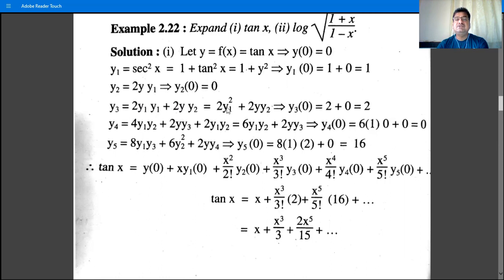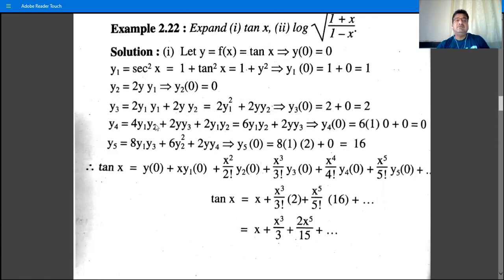So y1 square, y1 0 square, y1 0 is 1, 1 square is 1. So 1 into 2 into 1 is 2. And then 2 y0 is 0, and y2 0 is also 0. So we have 0 at this place. So 2 plus 0, that is 2.